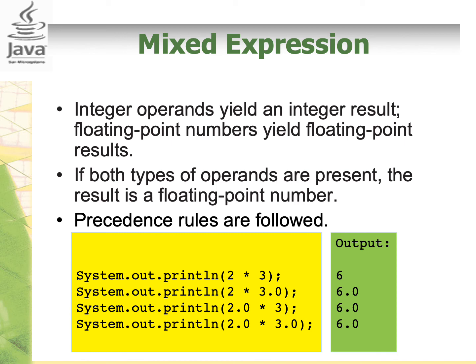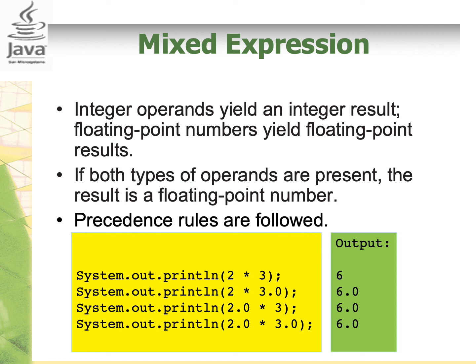Floating point numbers yield a floating point result. For example, 2.0 times 3.0 is equal to 6.0. If both types of operands are present, the result is a floating point number. Let's see another example. Say that we have 2 times 3.0, it will give us 6.0. The same goes if we have 2.0 times 3. The result is 6.0.